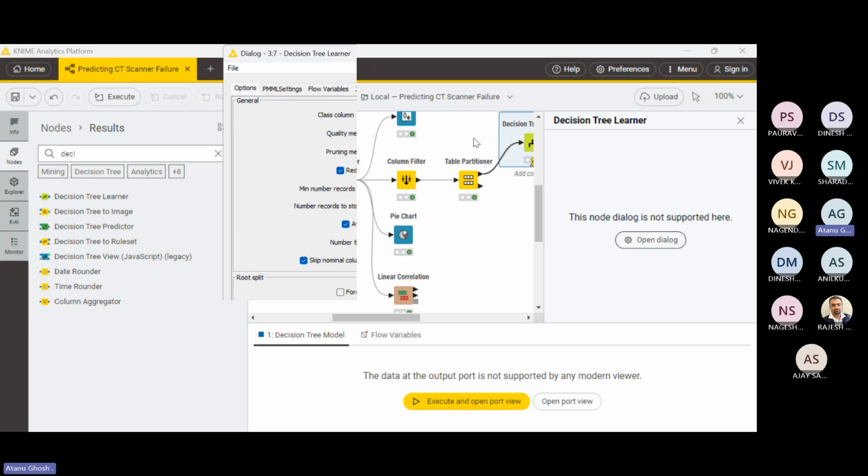Quality measure is the metric which the algorithm will consider while it is trying out different iterations of making the decision tree. Remember the simple example we had where we tried to predict the app, there were two different approaches. One approach is first branch the decision tree based on gender.